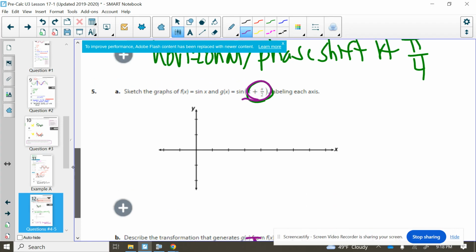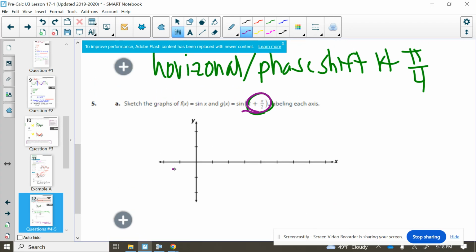And this time our graph is going to move to the left pi over 2. So everything else with our sine graph otherwise, because again we're comparing sine, is the same, just it's going to repeat in 2 pi's time. It just would finish its cycle this time because everything shifted to the left.